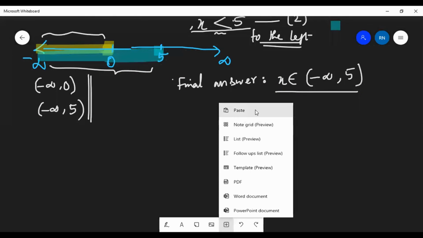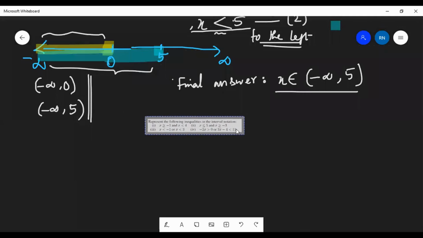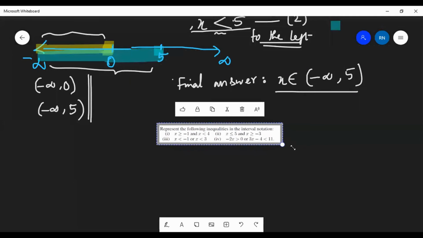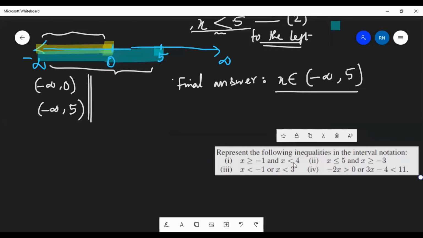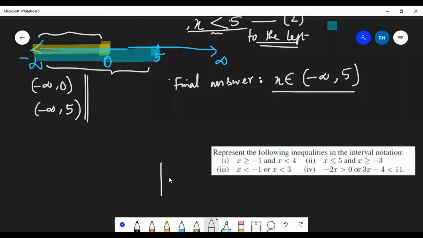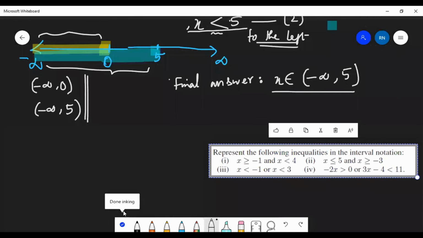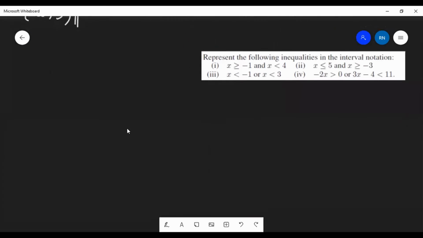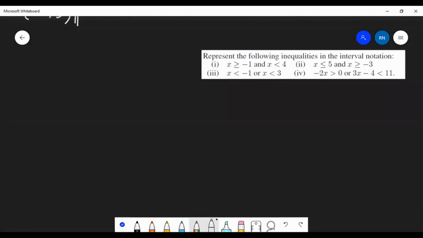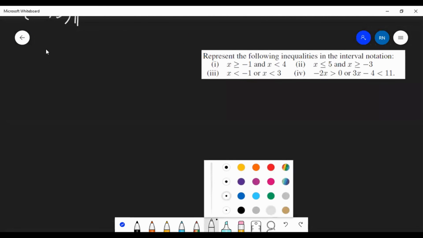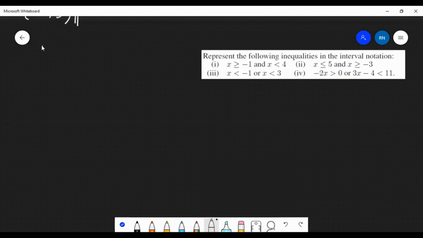For better understanding, let me post the question once again. We have learned inequalities.